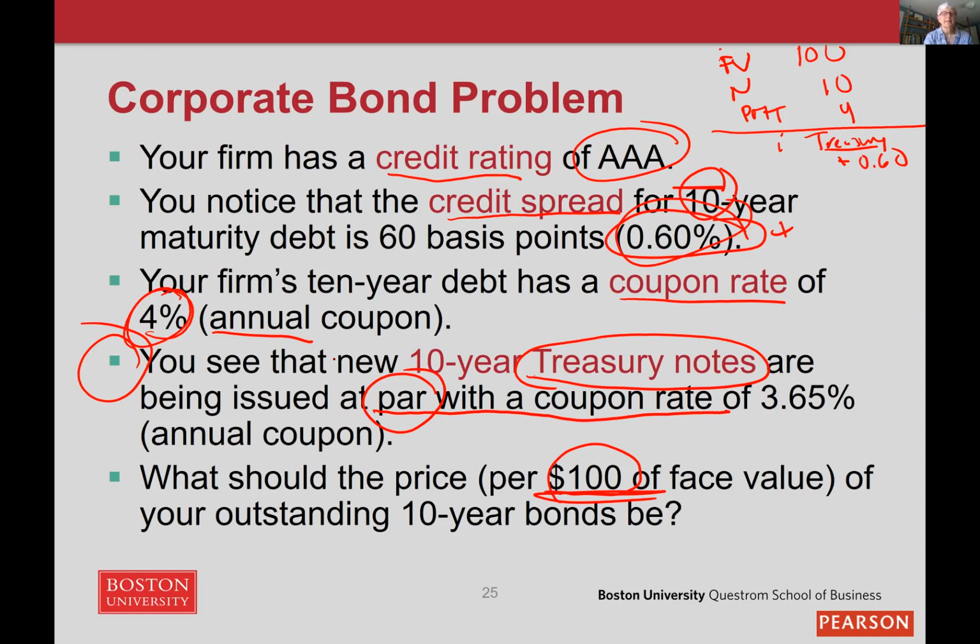Good, 3.65. So we're going to say 3.65 plus 0.60, and that's going to give us 4.25. So now you can do the problem. Put all of these numbers into your calculator. Future value 100, N is 10, payment is 4, interest is 4.25.